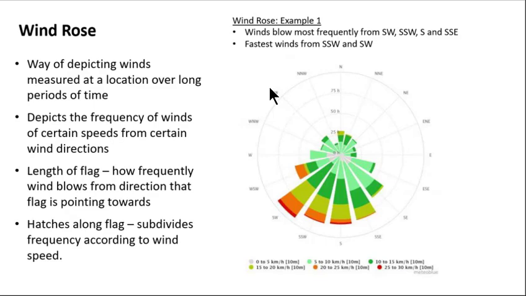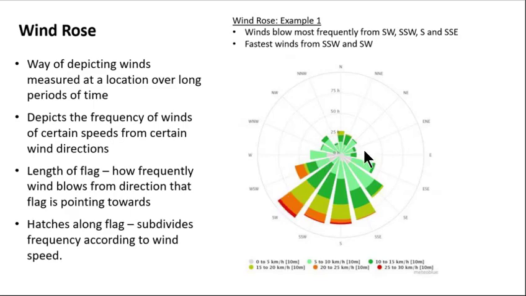These refer to the directions from which the wind is blowing. The longer the flag, the more hours over the year, or whatever time period is considered, the winds blow in that direction. With this example, the highest frequency of winds occur for southwest winds, the winds that blow from the southwest to the northeast.